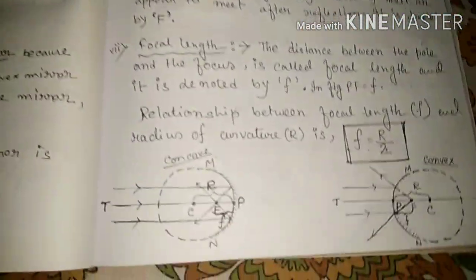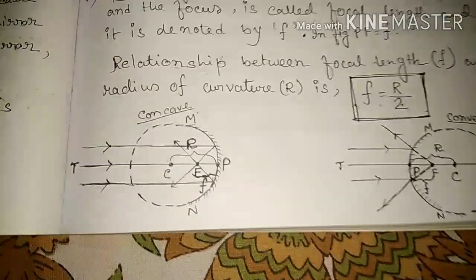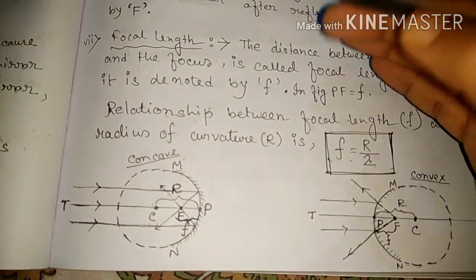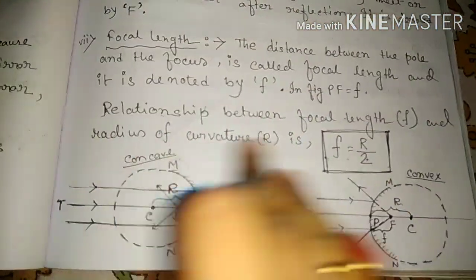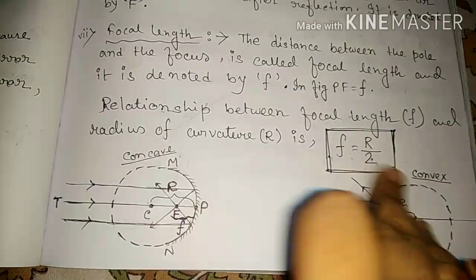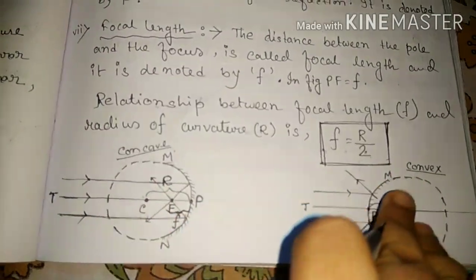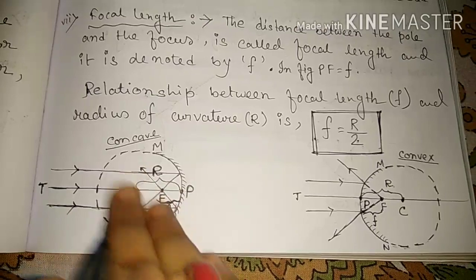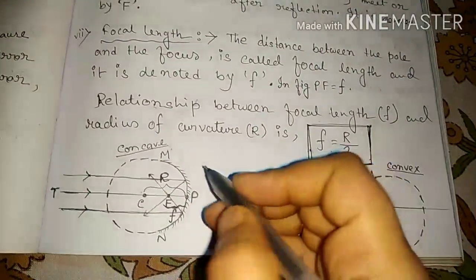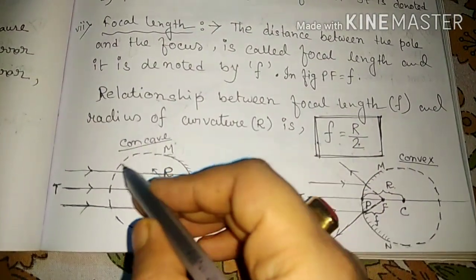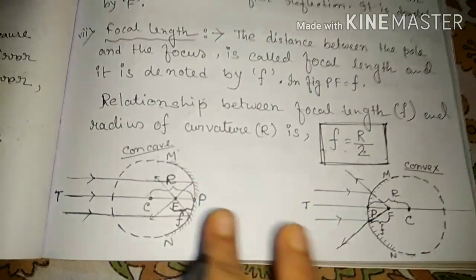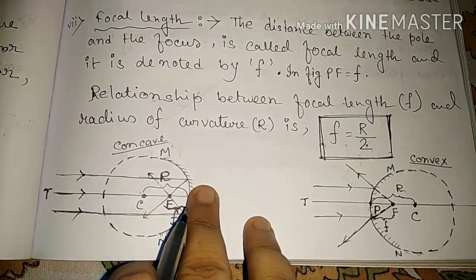Okay, in this figure, these terms are applicable for both mirrors. That's why I will draw both diagrams, for concave and convex also. So this is the concave. If we join with a dotted line, it is a sphere, looks like a spherical mirror.